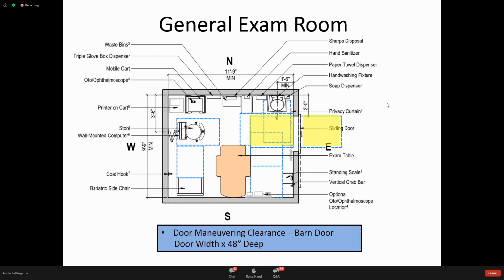Then we've got the door clearance. Of note, what Sutter has done in the past couple of years, we've moved to a standard where we use the barn door. Perfectly acceptable, perfectly code compliant. We have had some questions on the force to open the door.